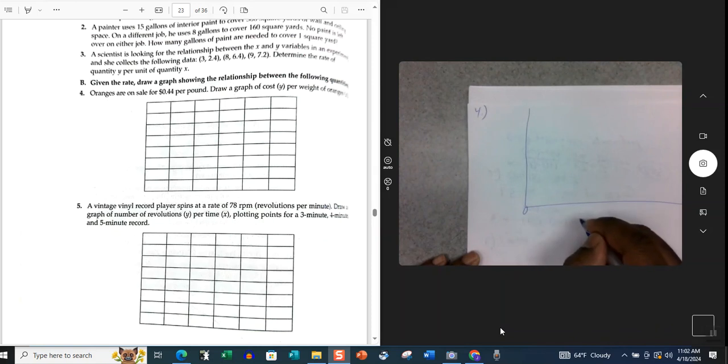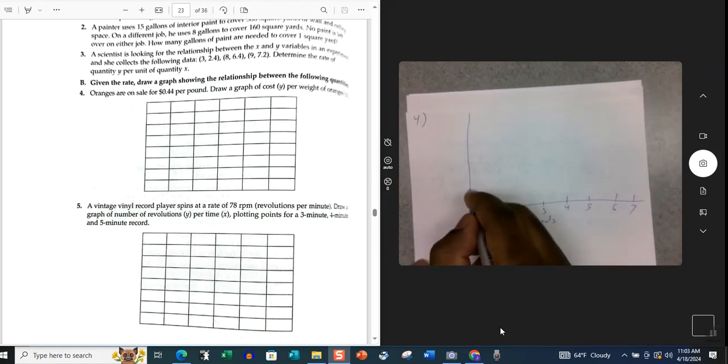We know that pounds goes here because the question says with number 4, oranges are on sale for 44 cents per pound. Draw a graph of cost Y per weight of oranges, X. So we know pounds is your X value. So I'll go 1, 2, 3, 4, 5, 6, 7. All right, so those are the pounds.